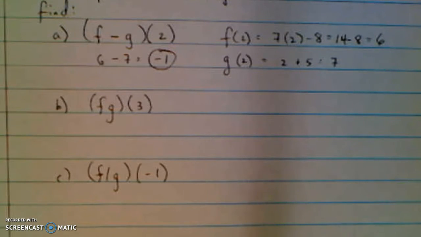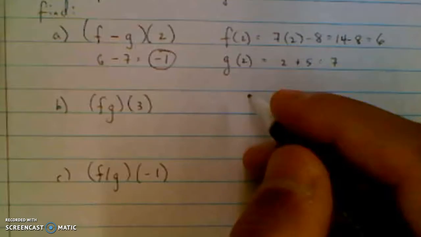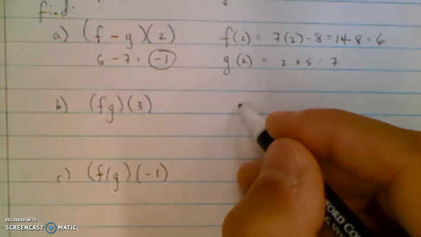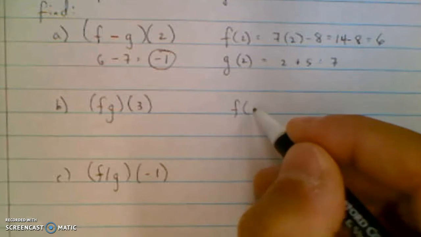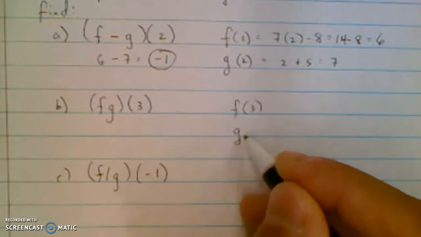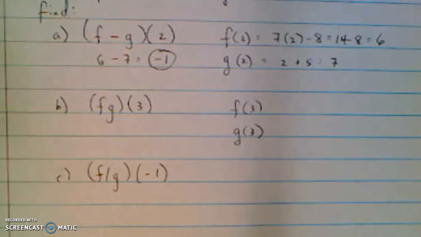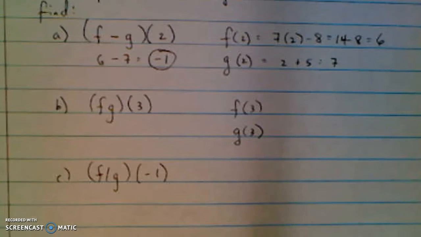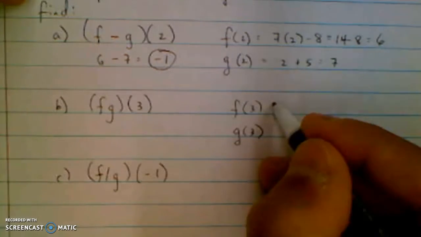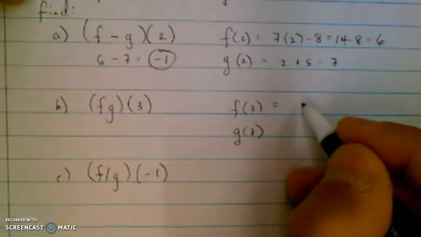How about B, Chris? You think you can give us an idea on that one? No? Don't want to play. Find f of 3 first and g of 3 first, right, Chris? Hey, Chris, what's f of 3? I'm going to hide it.